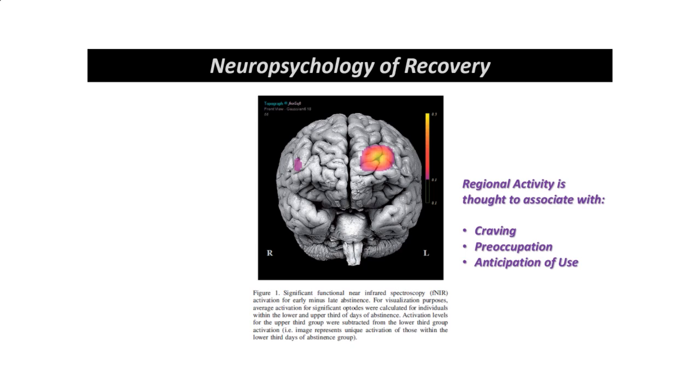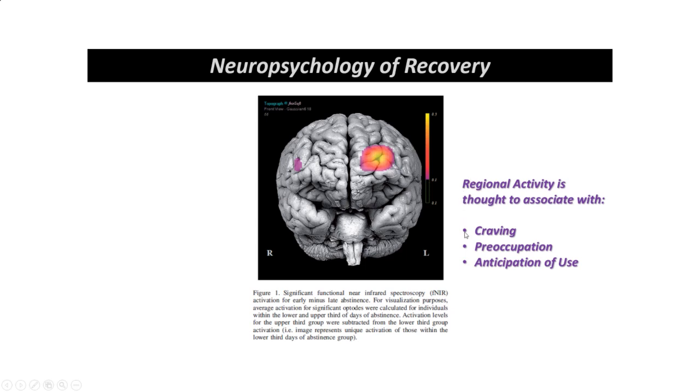This is an image showing activation in response to alcohol-related cues for alcoholics in recovery. You'll see here that there's a lot of activation on the left side, which would be the approach, do this, and some slight activation here on the right side, and both of these are considered the dorsolateral areas of the prefrontal cortex.